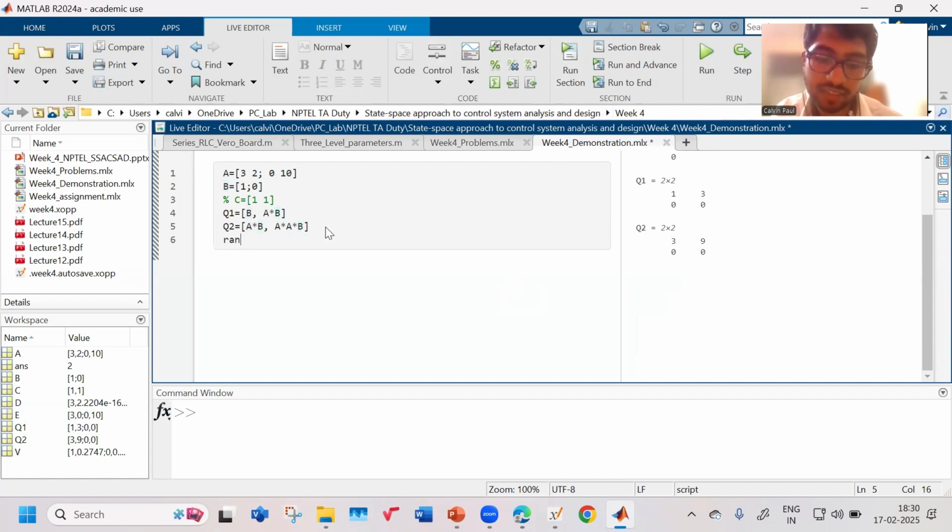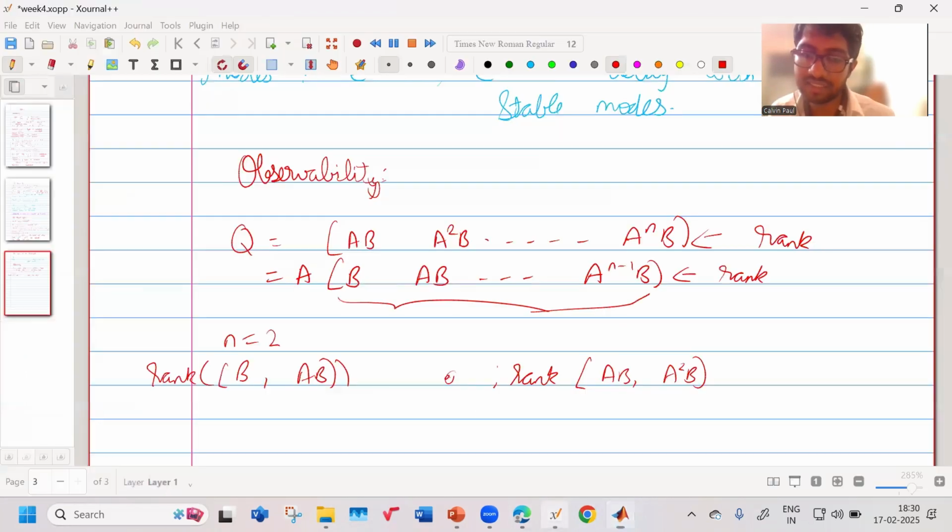Let me find the rank of Q1 and the rank of Q2. Both the ranks are the same. Thus we can say that these ranks are equal. So that I've just checked in MATLAB.